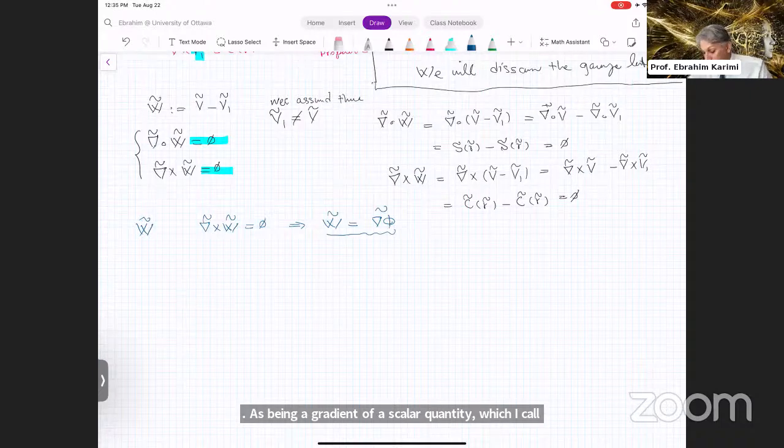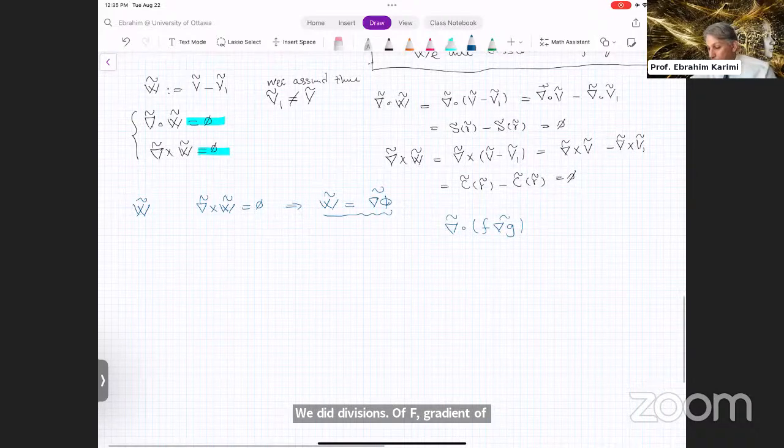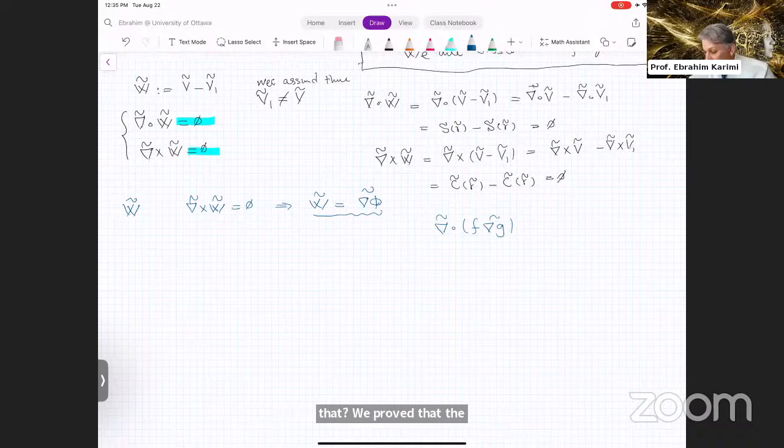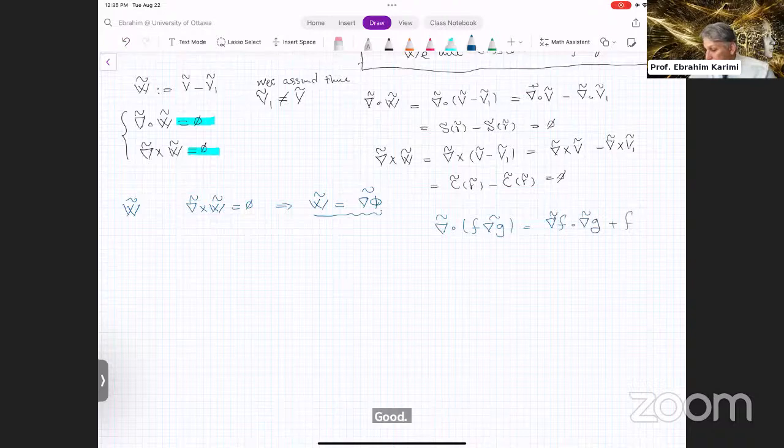which I call phi. Now, if you recall from the Gauss theorem, what is happening with the divergence of F gradient of G? Do you remember that? We proved that the divergence of F gradient of G, if you expand it, will be equal to gradient of F dot gradient of G plus F Laplacian of G. Okay?